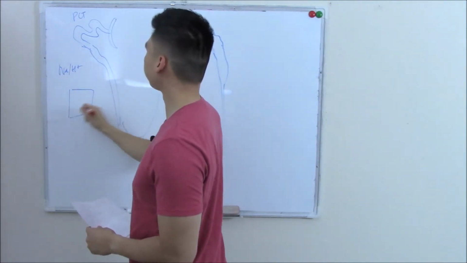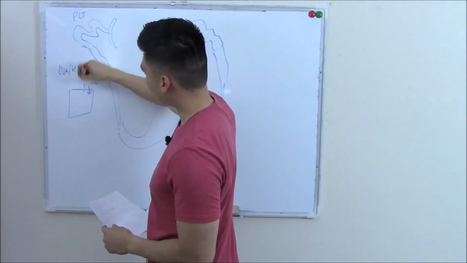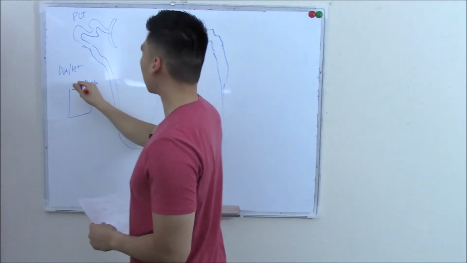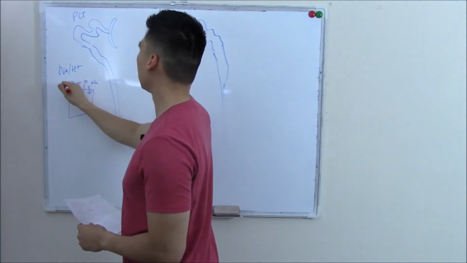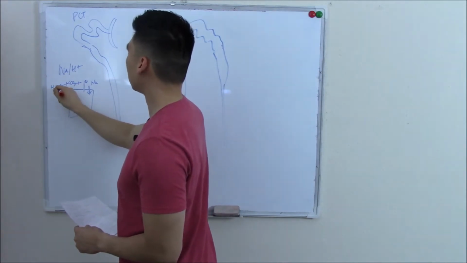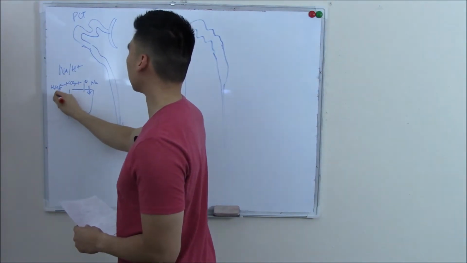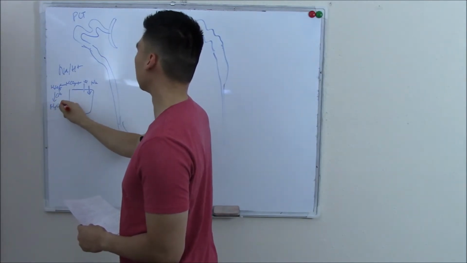Here's your cell. It'll reabsorb sodium, and pump out hydrogen in return. And that hydrogen will combine with bicarb, HCO3, become carbonic acid, H2CO3, and then an enzyme called carbonic anhydrase would turn it back to H2O and CO2.